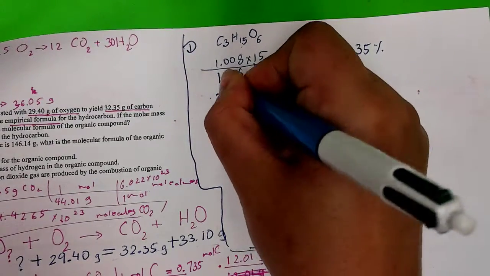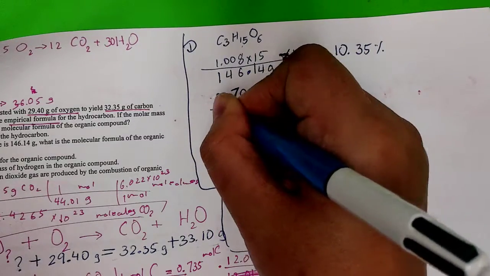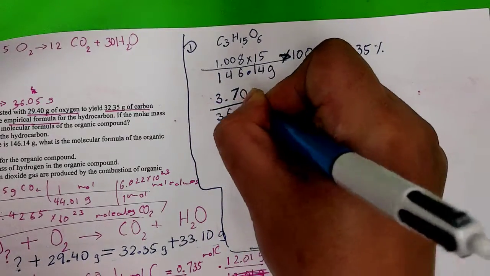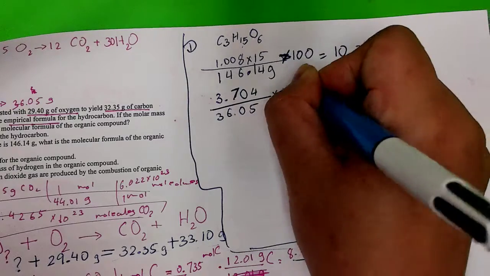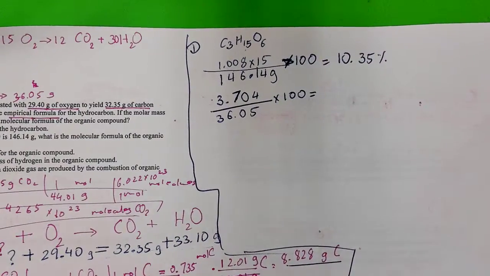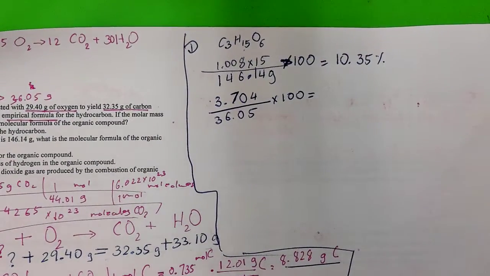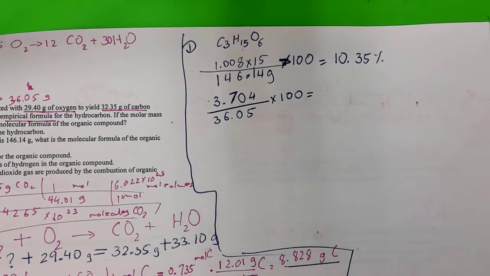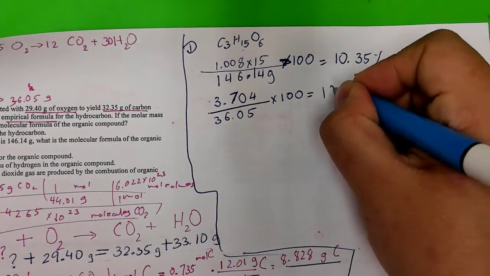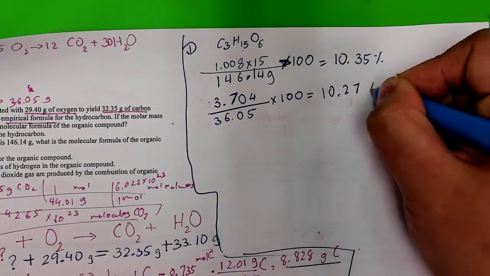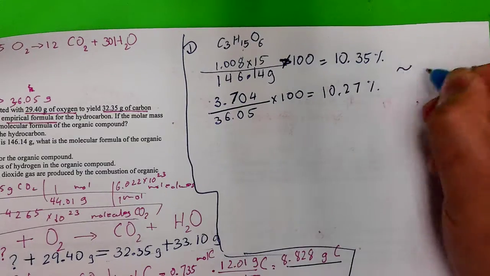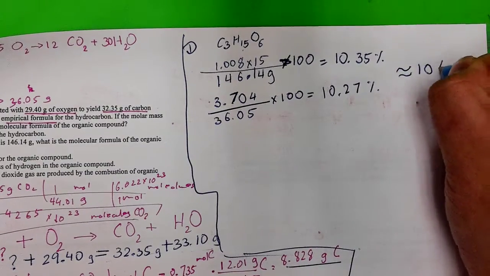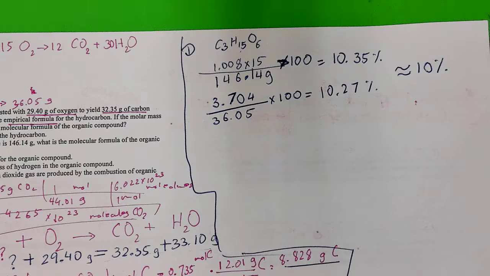Again, notice that you're not getting exact, you're getting an approximate number. But it is close enough. Let me say 3.704 divided by 36.05 times 100. We're gonna get 10.27%. Approximately speaking, about 10% of the mass of the organic compound is hydrogen.